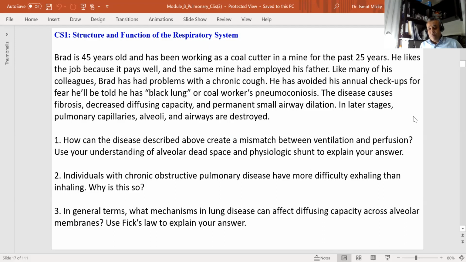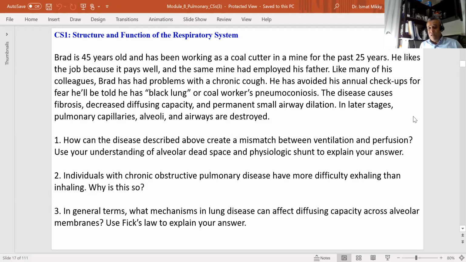For ventilation and perfusion, there is a ratio called the VQ ratio. V indicates ventilation, and the Q indicates perfusion. In ventilation, the air enters through the airways and then to the alveoli.